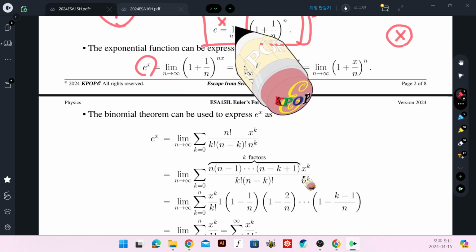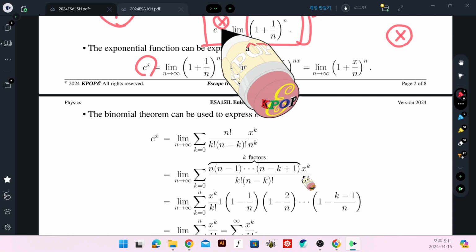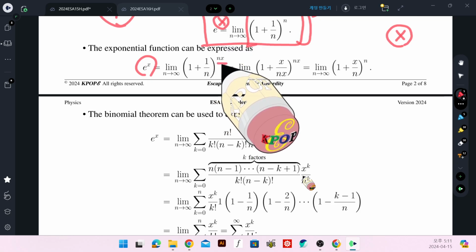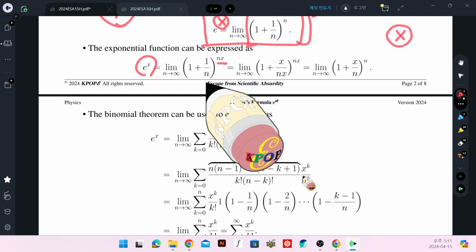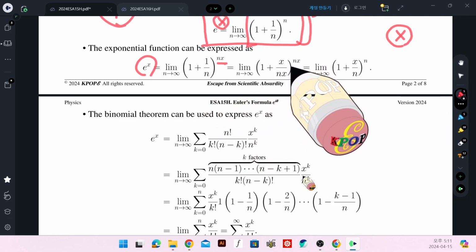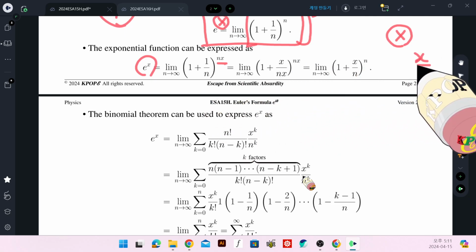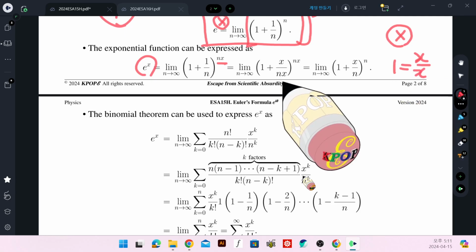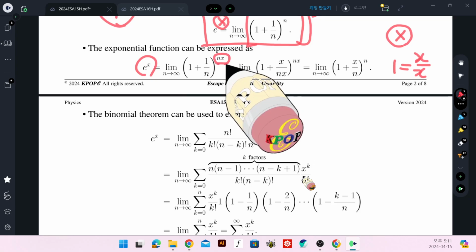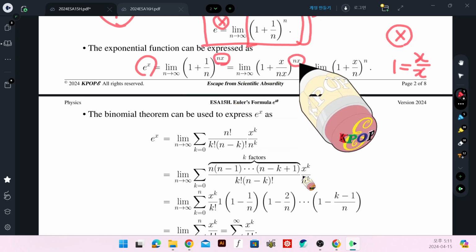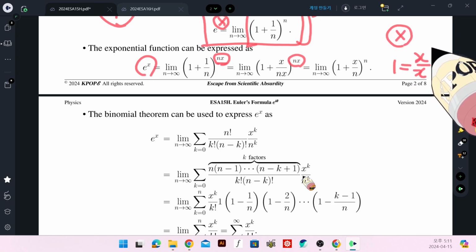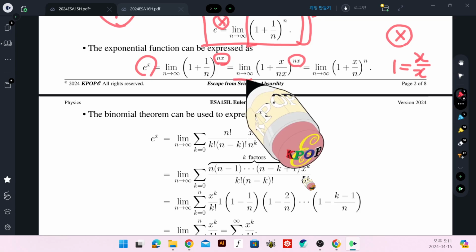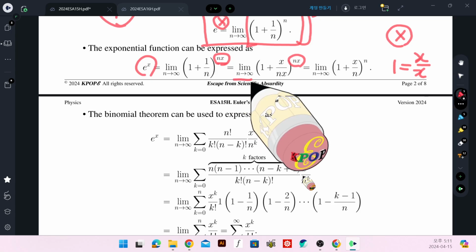After taking the power x, what we find is this. We can rewrite 1 over n by multiplying by x over x, which is identical to 1. After that, we find this power nx, because we have chosen x to be a positive number, and we take the limit as n goes to positive infinity.